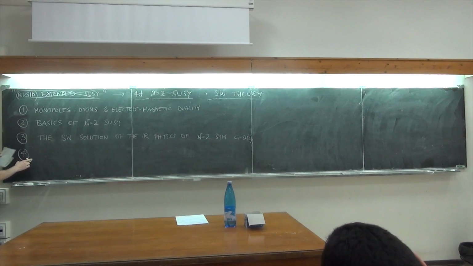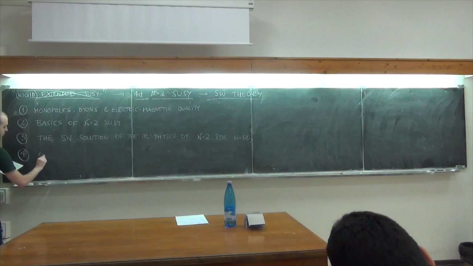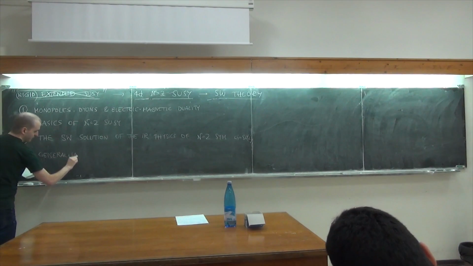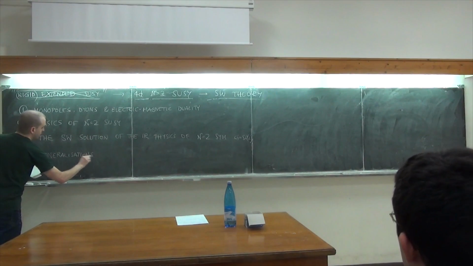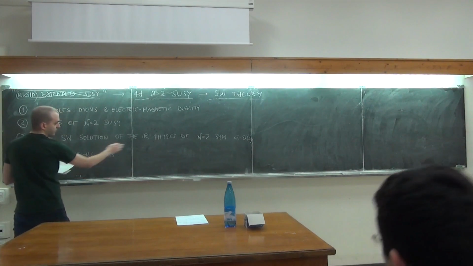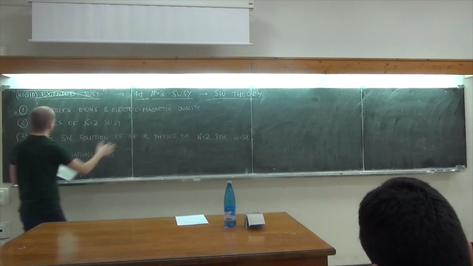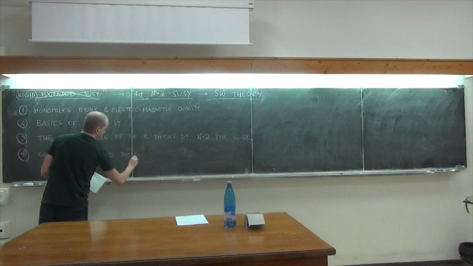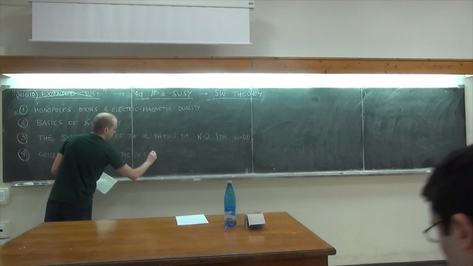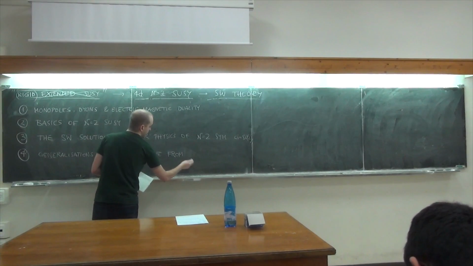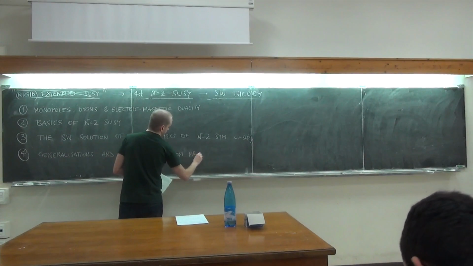And in the fourth part of the course, if I ever get there, given that we started late, I will describe some generalizations and how to derive an important object in this solution, which is called the Seiberg-Witten curve, from the physics of M5 branes in M theory.